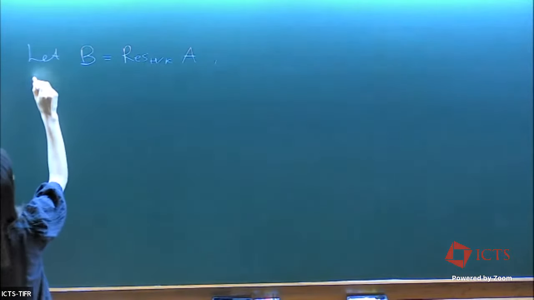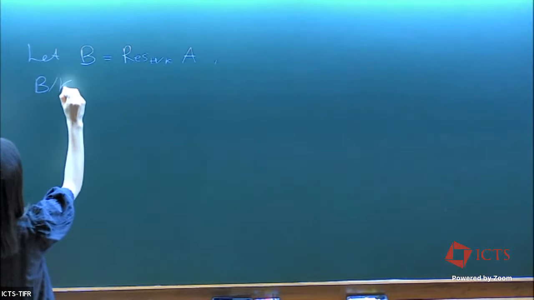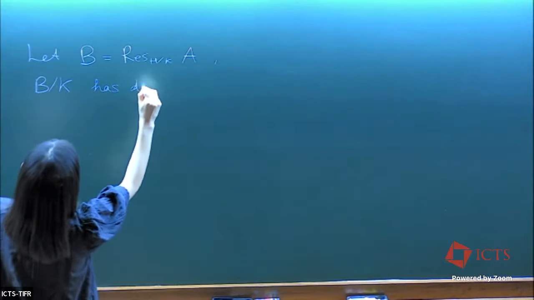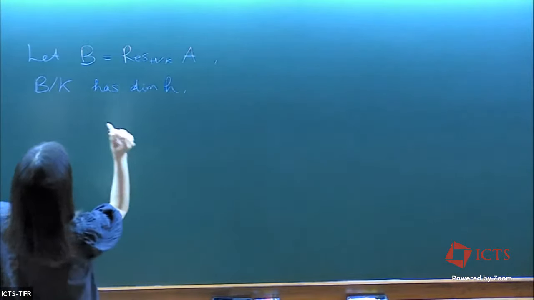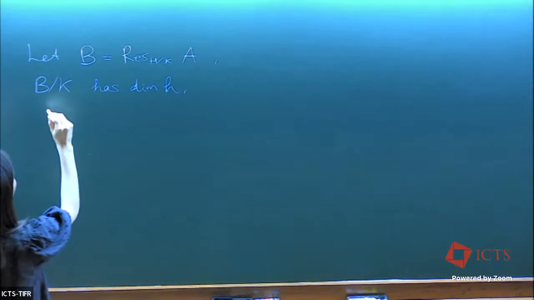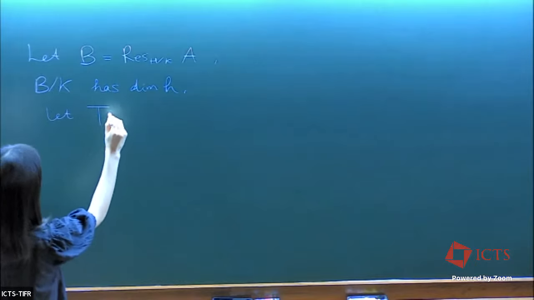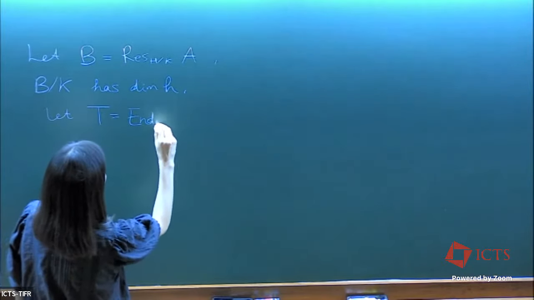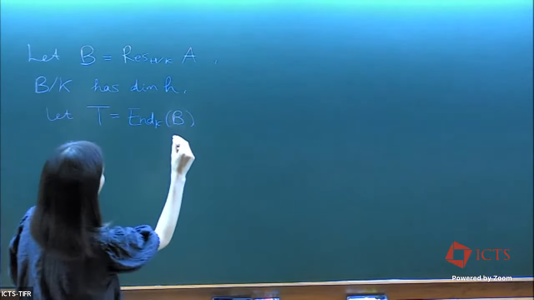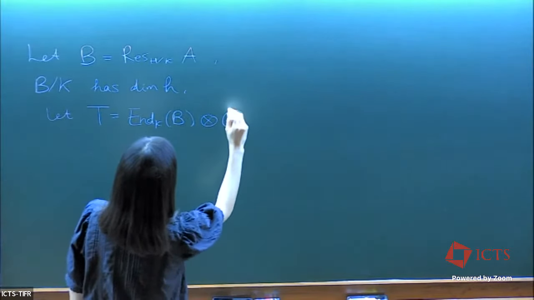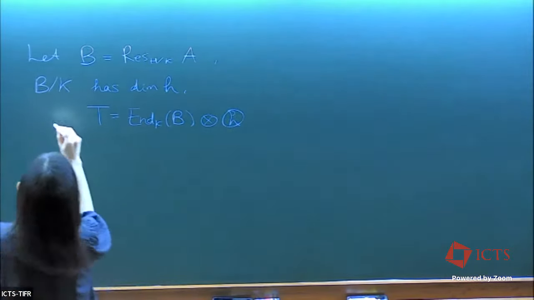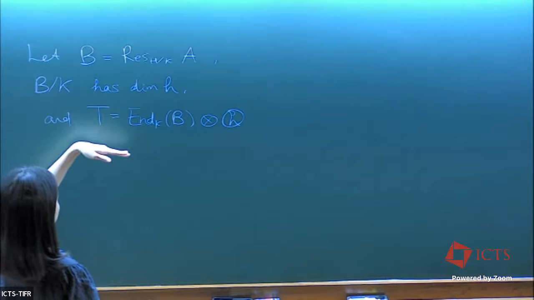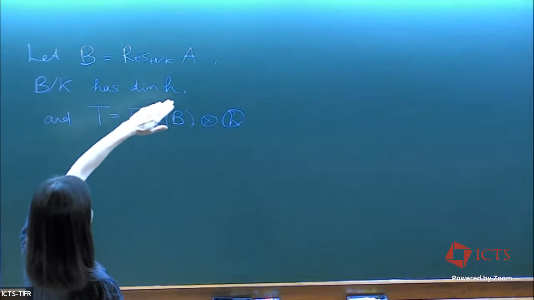Then B over K has dimension H. It's an abelian variety. Let T be the endomorphism ring of B tensored with Q. This is a CM field of degree H over K.